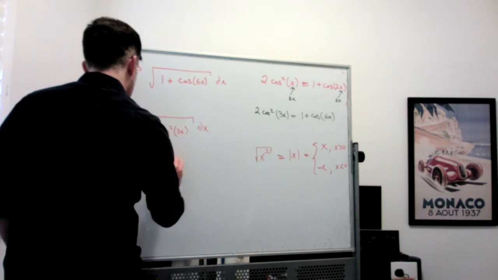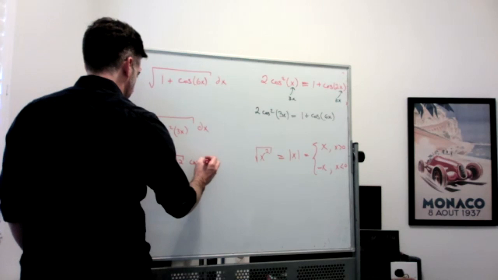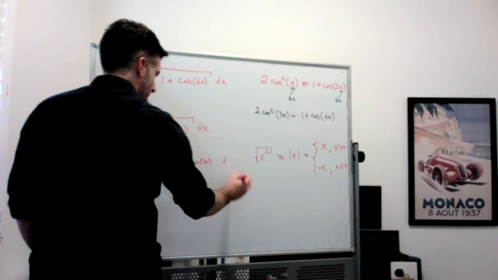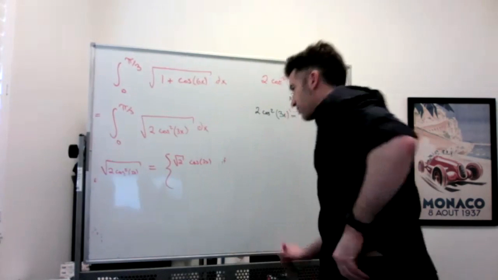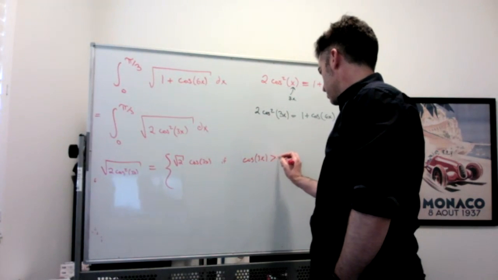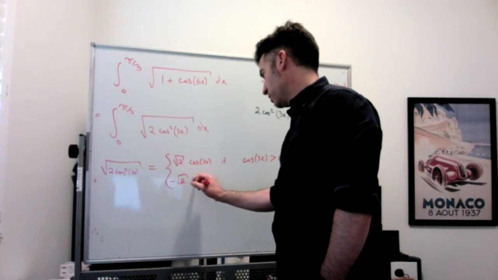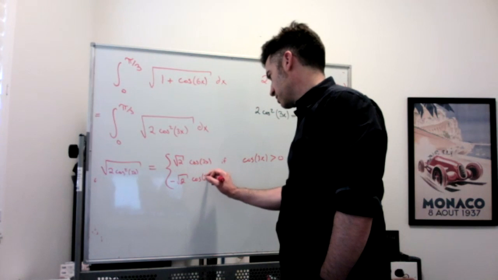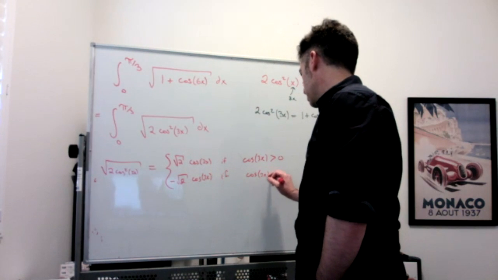You're going to have the square root of 2 times cosine of 3x if cosine of 3x is positive. And it's going to equal the negative square root of 2 times the cosine of 3x if cosine of 3x is negative.